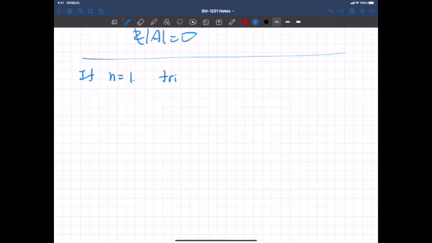We cannot swap. And if n is 2, let's say we have a matrix A, B, C, D, then the determinant is AD minus BC.